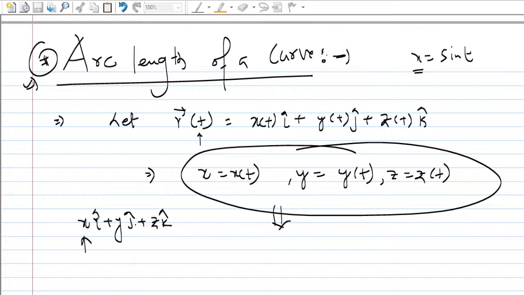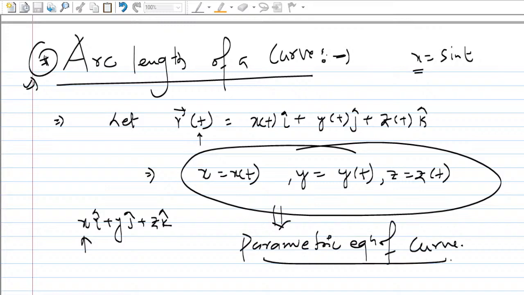Okay, so this is the parametric equation of the curve. You have to keep in mind, so next time when you come across a parametric equation, don't be worried and don't get scared.